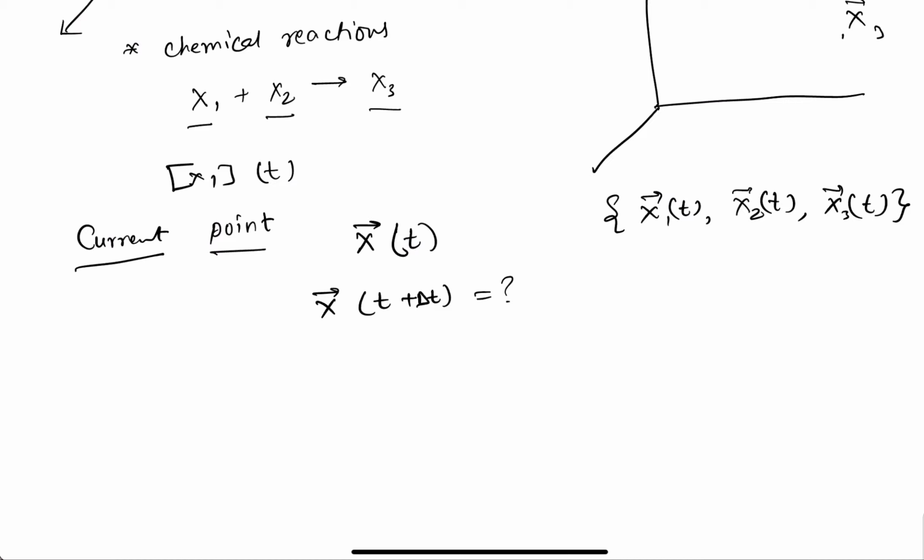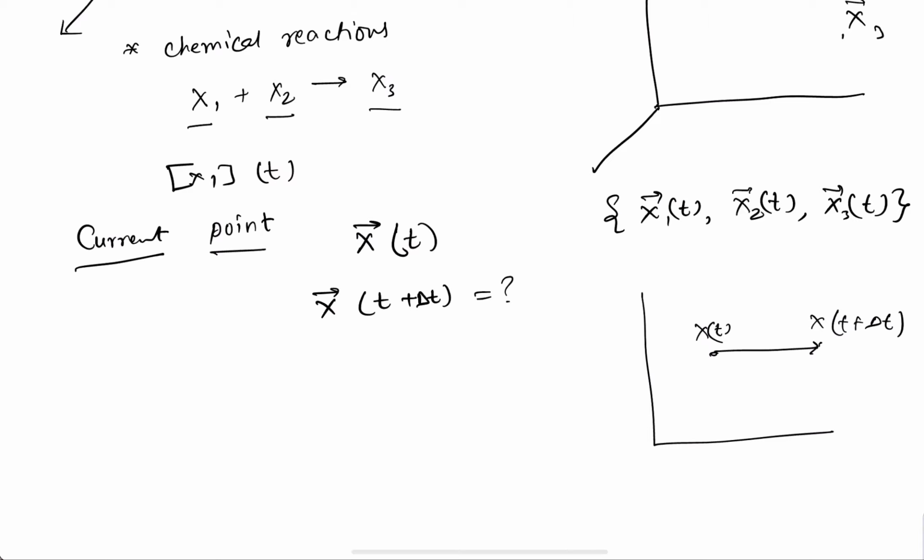Now, let's say we have a particle here which moves to a different position x of t plus delta t. What we can do is define the change in position.